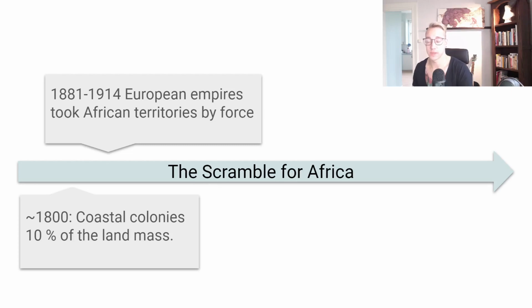And this was not very friendly. It was done by force, and to scramble means to hurriedly do something, to rush somewhere in a rather clumsy and unstructured manner, to grasp for something. That's the idea of the scramble here.